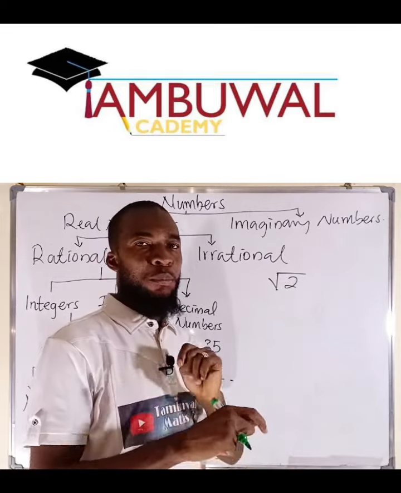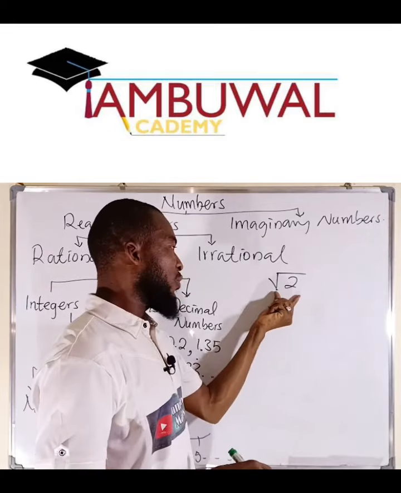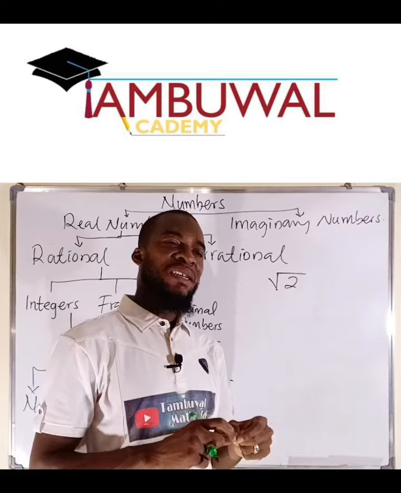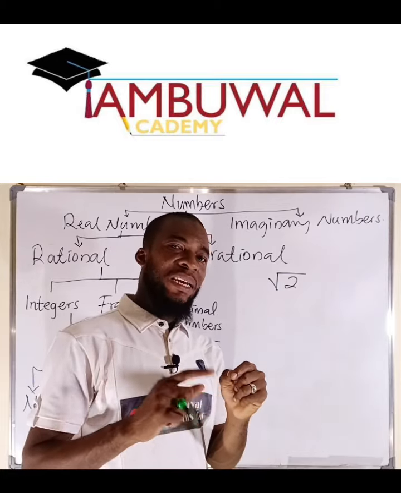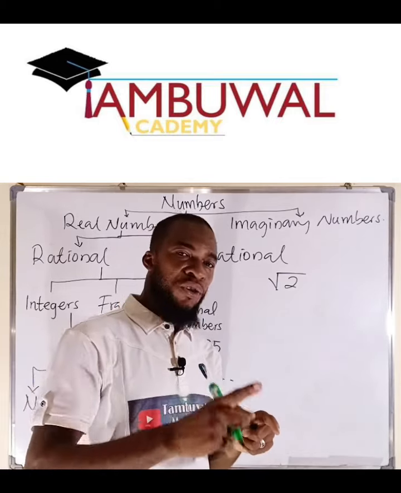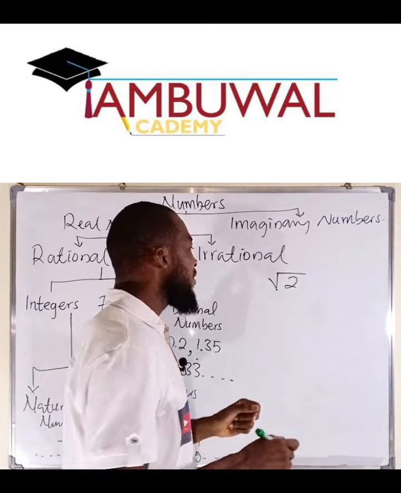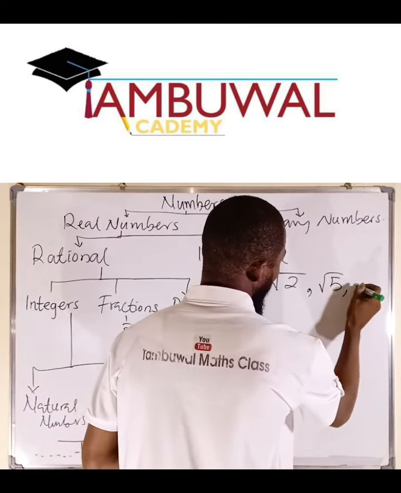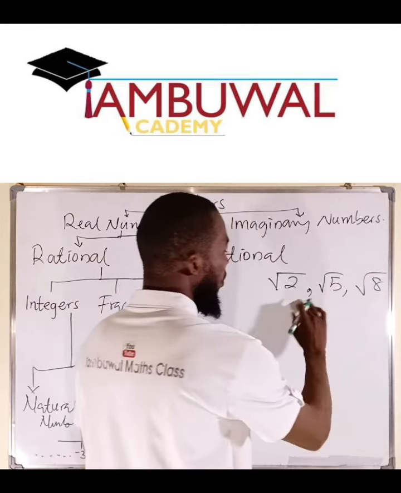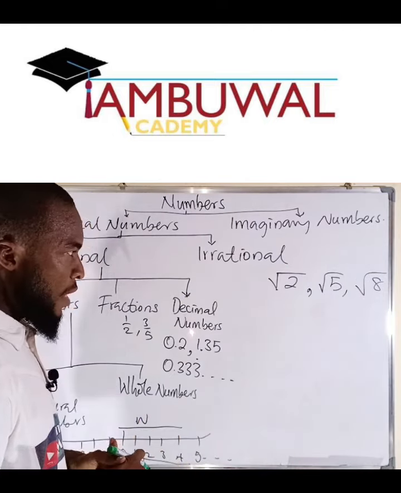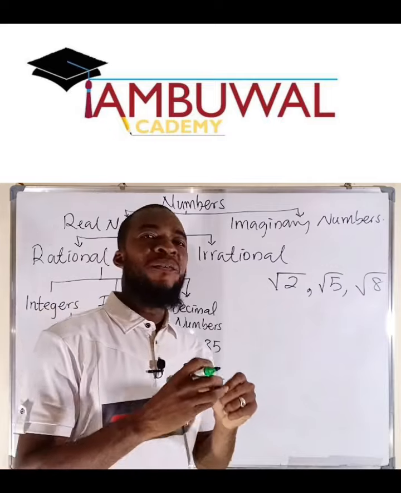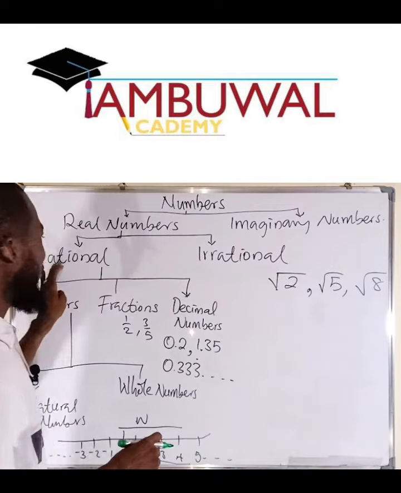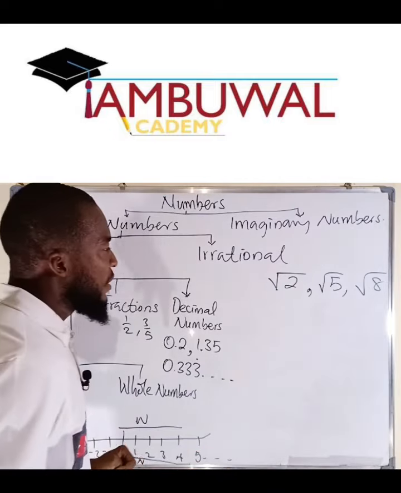So 2 is not a perfect square number. If you take a calculator, press this, you're going to get a decimal number that is non-terminating, non-recurring. All right? And another one, square root of 5, square root of 8, and all these non-perfect square numbers. But square root of any perfect square number should be classified under rational numbers.